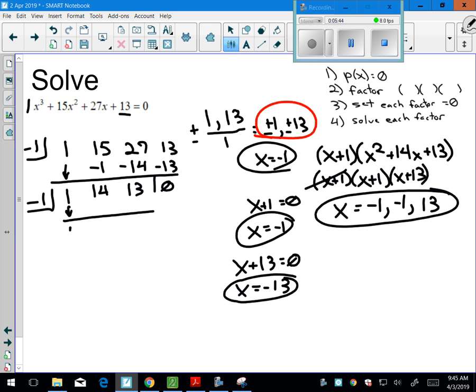Bring down your 1. 1 times -1 is -1. 14 minus 1 is 13, times -1 is -13, and plus 13 is 0, leaving me with my other factor of x plus 13, and knowing that -1 is also a root. So either way, we'll get the same answers.